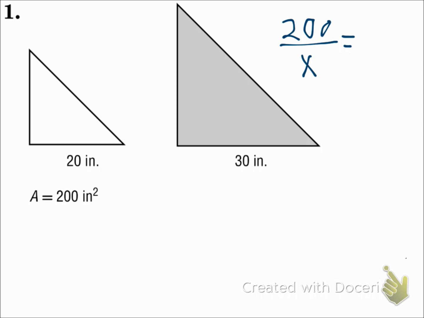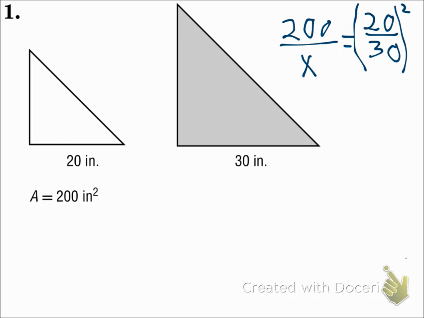The side on the left is 20. The side on the right is 30. And since the left fraction is area, which is 2 dimensions, the right side is a side length, which is 1 dimension, I need to square the right side to make the dimensions equal out.